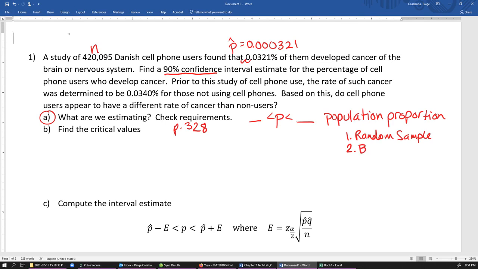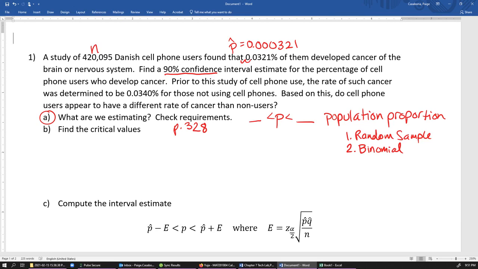The second condition is that we're meeting the conditions of a binomial distribution, meaning that there is a fixed number of trials where there are 2 possible outcomes, which we normally call success and failure, and that those results are independent.